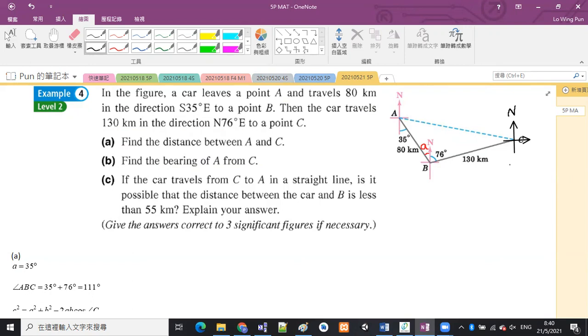So for the reduced bearing, we need the approximate direction first. Can you tell me what is the approximate direction of point A from point C? What is the approximate direction here? Should be northwest.